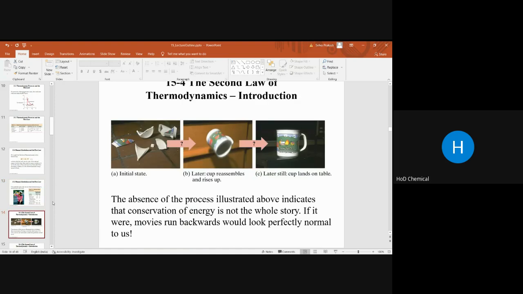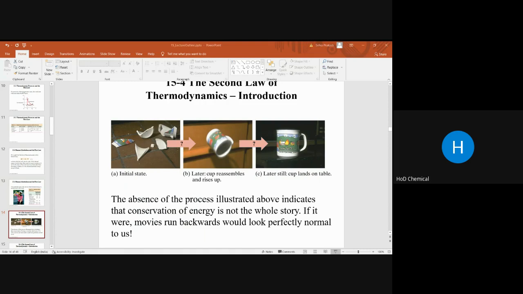Okay, so the second law of thermodynamics introduction. You already know about the initial state, the cup assembled and then the cup landing, and this one is the reverse process.